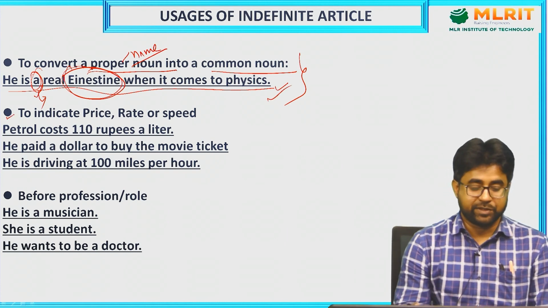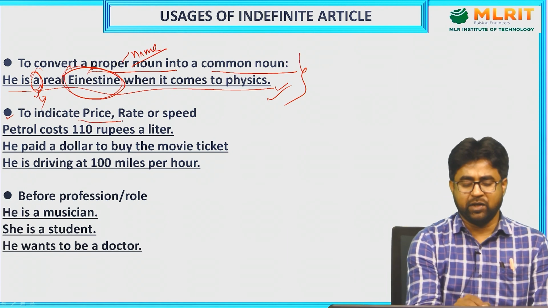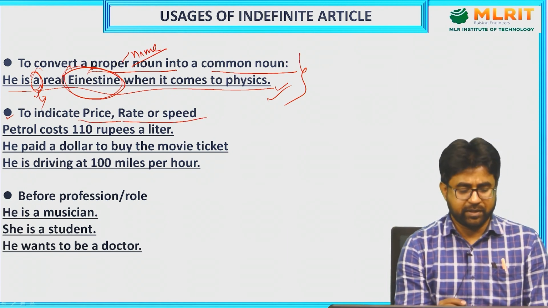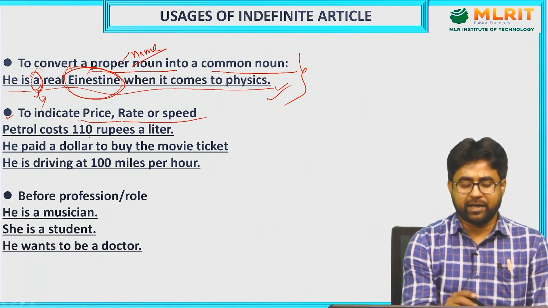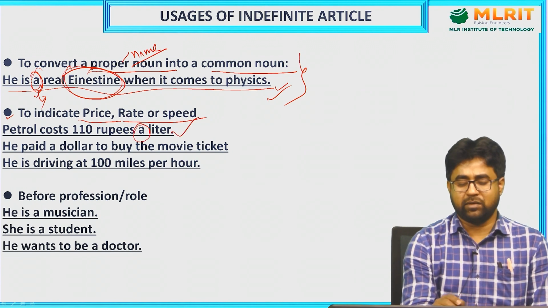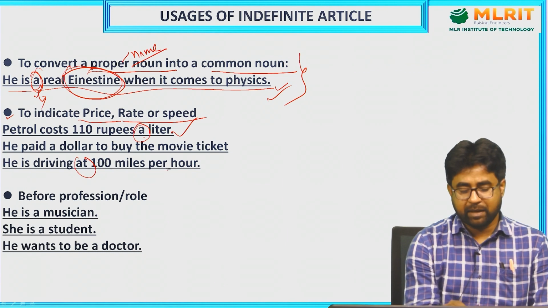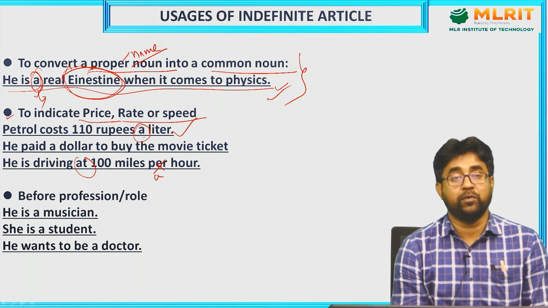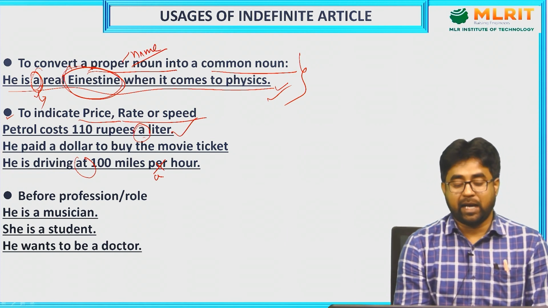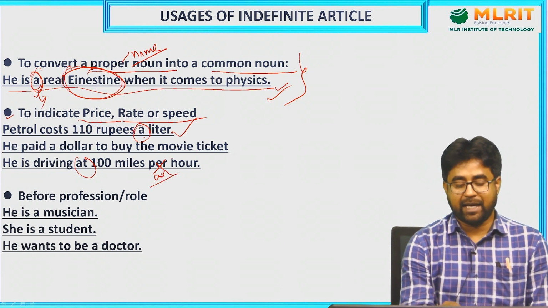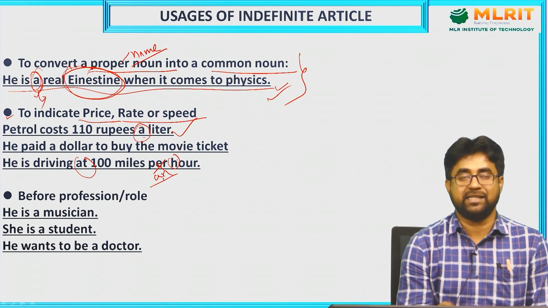Now the next usage: to indicate price, rate or speed. When we talk about price, rate or speed, we can say: Petrol costs 110 rupees a litre. I am using the article here. He is driving at 100 miles an hour. Here I should not use "per"; it is "an hour," and I use "an" because it is a vowel sound.